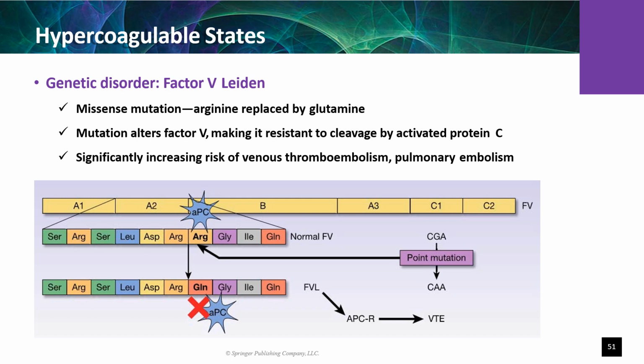It is produced by a single base missense mutation in which guanine is replaced by adenine, resulting in an amino acid substitution of glutamine for arginine. Healthy young adults with an unexplained DVT or PE should be screened for FVL.